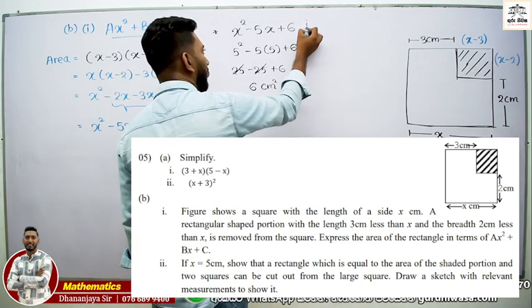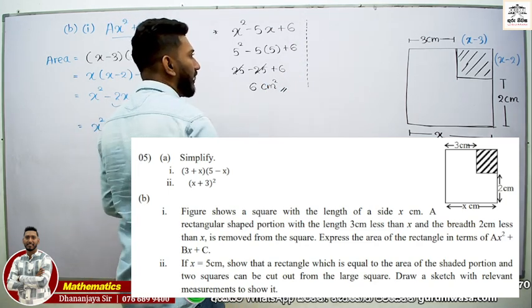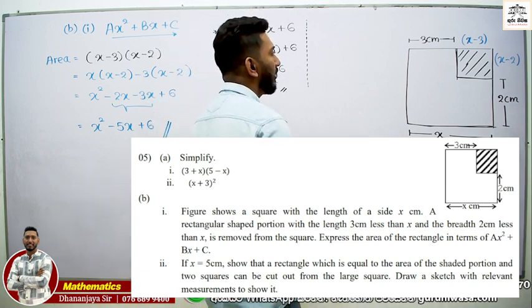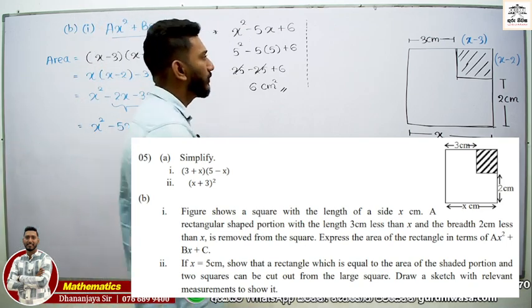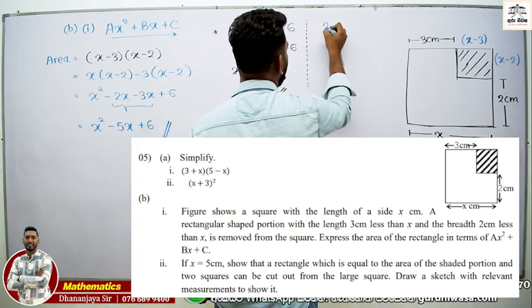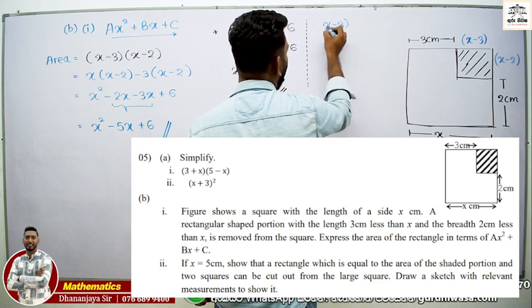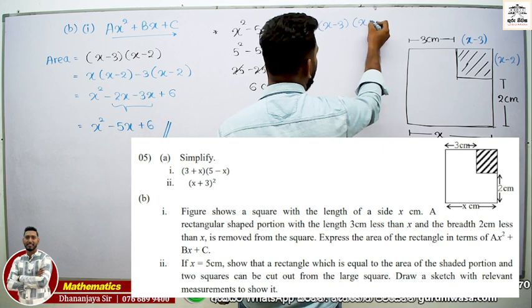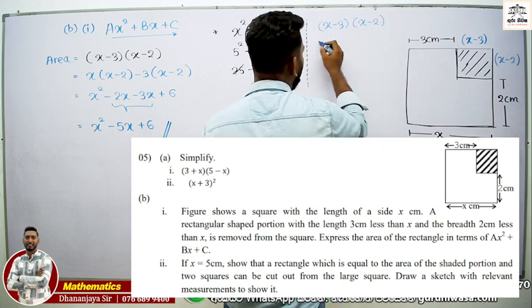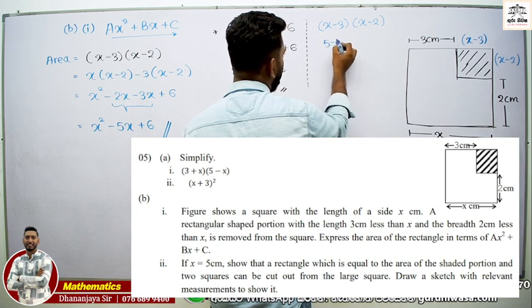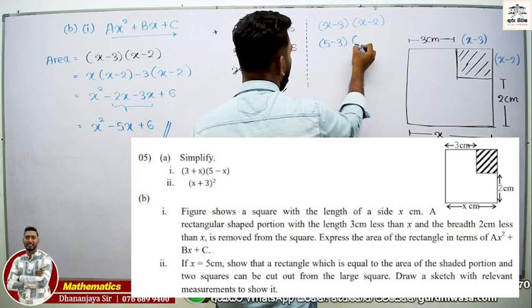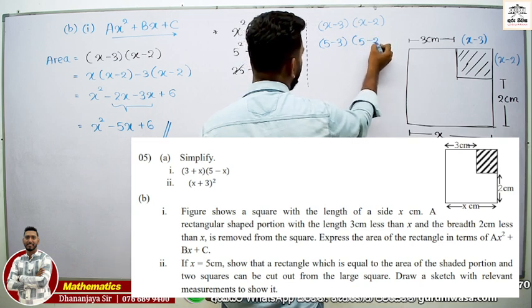Otherwise, we can do it another way. How? Length into breadth gives the area of the rectangular portion. x minus 3 and then x minus 2. Since x becomes 5, that is 5 minus 3 into 5 minus 2.